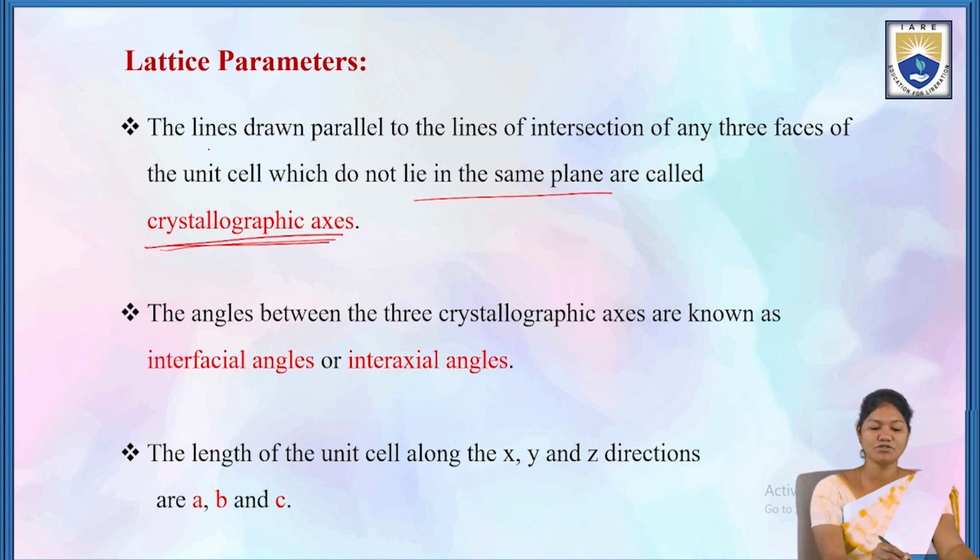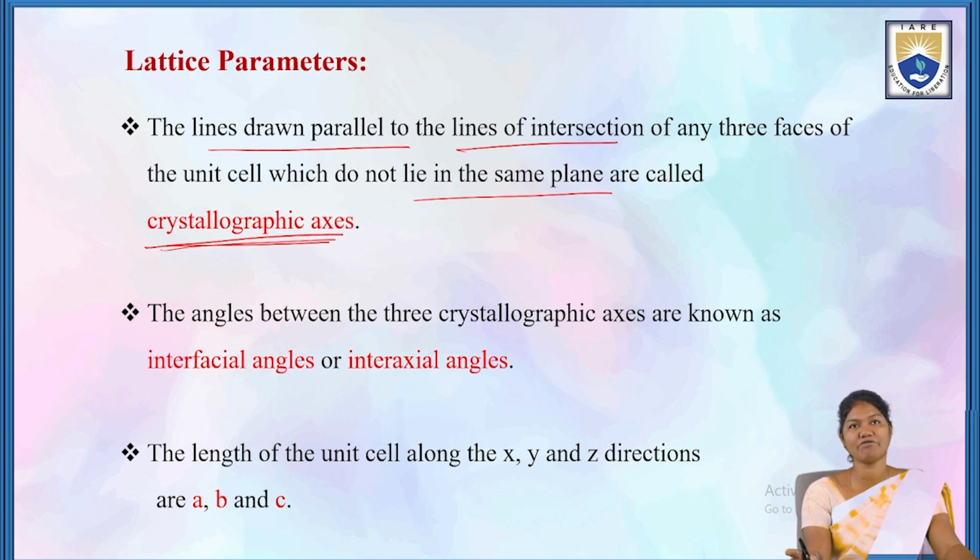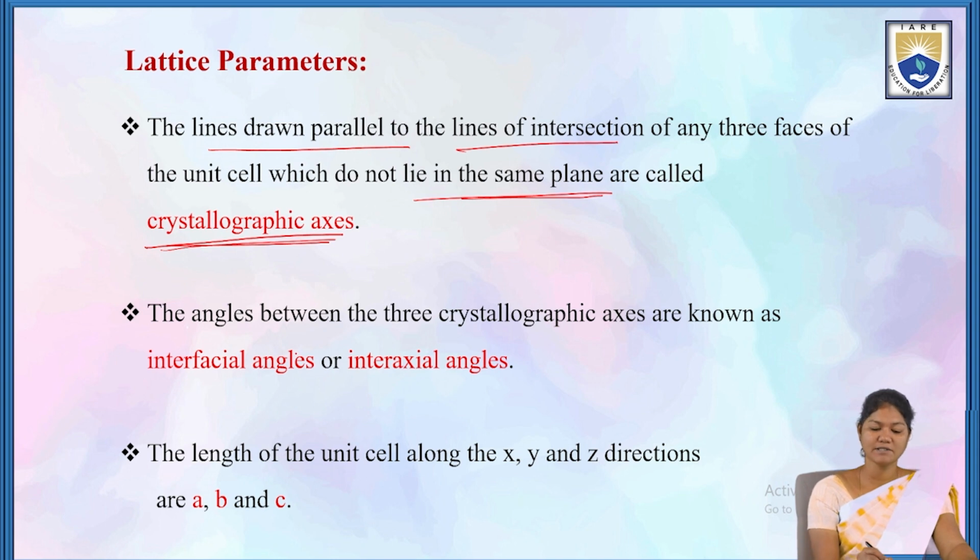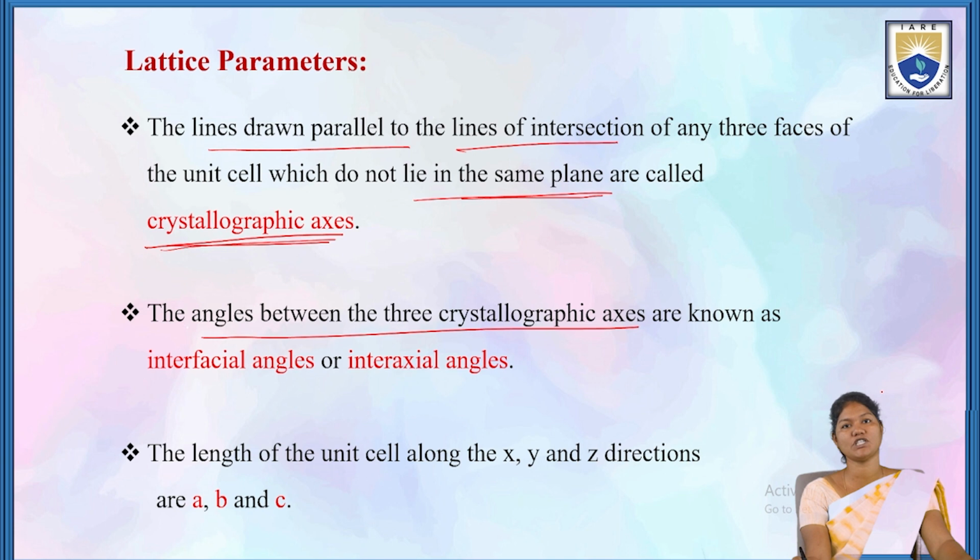The lines drawn parallel to the lines of intersection of any three faces of the unit cell which do not lie in the same plane are called crystallographic axes. The angles between the three crystallographic axes are known as interfacial angles or interaxial angles.